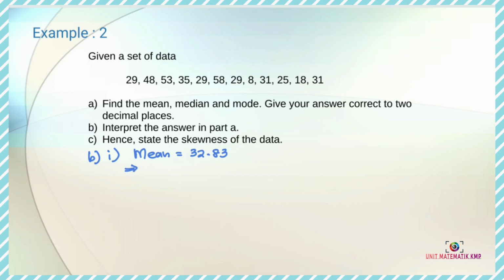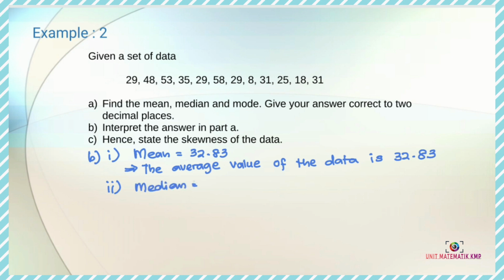For the interpretation, the average value of the data is 32.83. The second one is median, is 30.